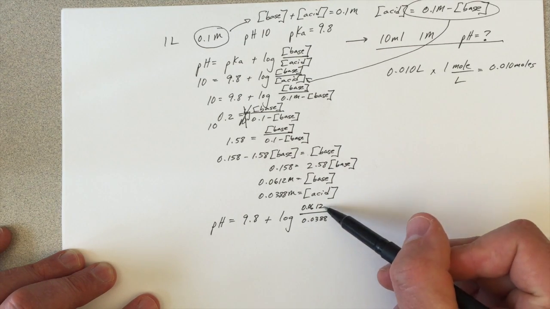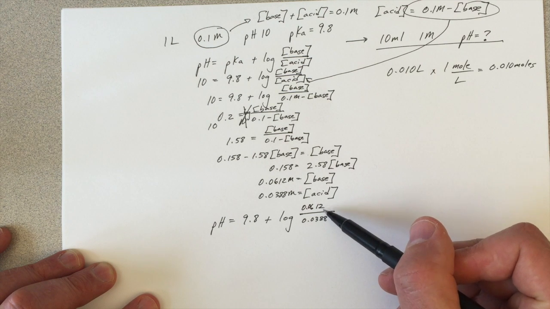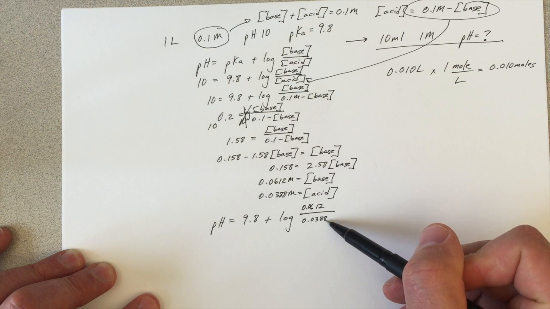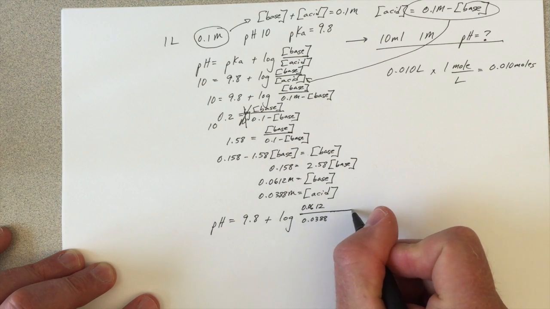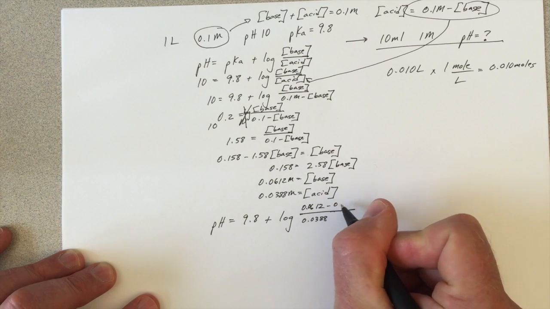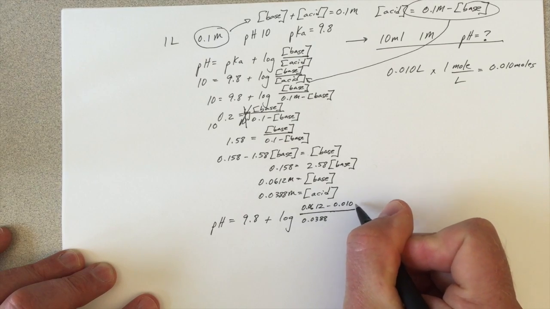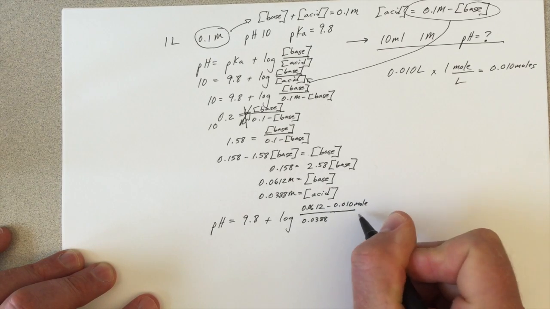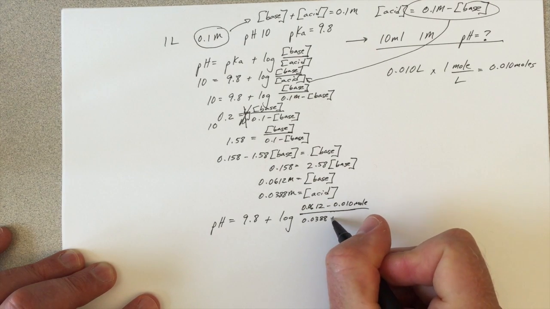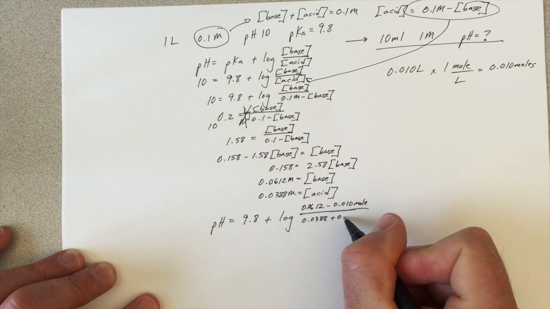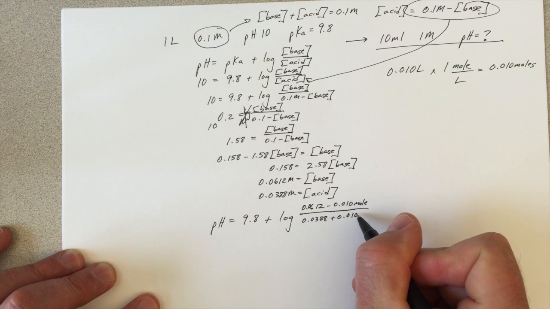It's going to react with the weak base and convert it to the weak acid. So for every mole of strong acid I add, I'm going to subtract that many moles of base, and I'm going to add the corresponding number of moles of acid.